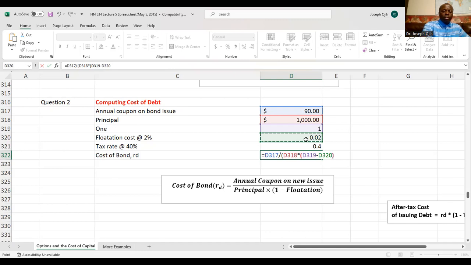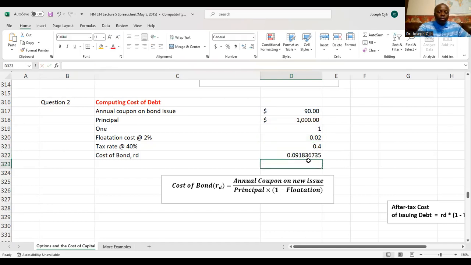I close the parentheses twice to balance it, because you have 2 opening parentheses here, so you must have 2 closing parentheses at the end. So that gives us the cost of the bond. Now it gives us the answer as a decimal. Don't worry, we're going to change it to percent in a minute.